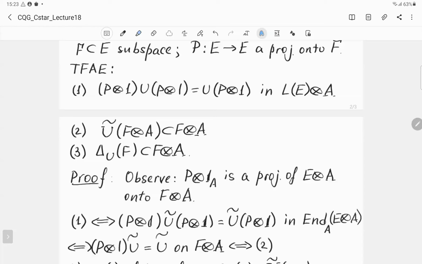Or currently, it is not obvious that the restriction of U tilde to F tensor A is still invertible. And so at this point, we cannot claim that we have a subrepresentation on F. It turns out that the answer is yes, but we will see this only at the end of today's lecture.